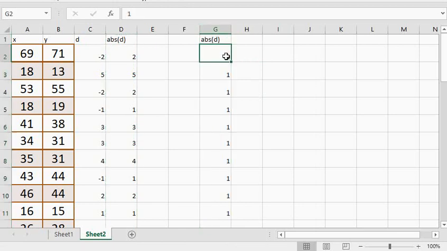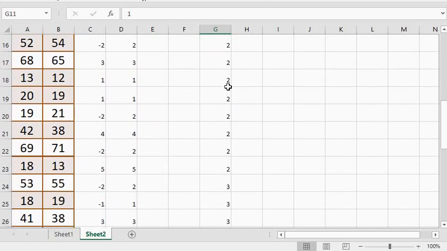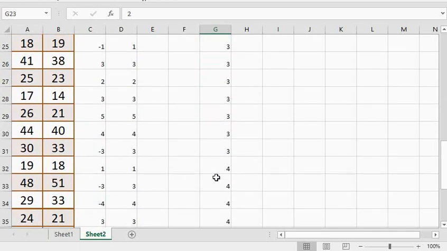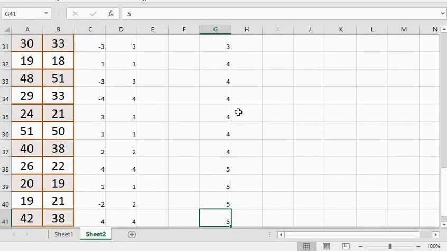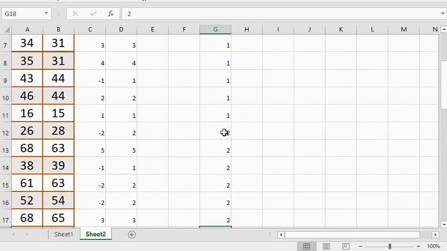So you see that 1 is repeated many times, 2 is repeated again many times, and 3 is repeated many times, like that. Every observation is repeated, so you have m1, m2, m3, m4, m5.